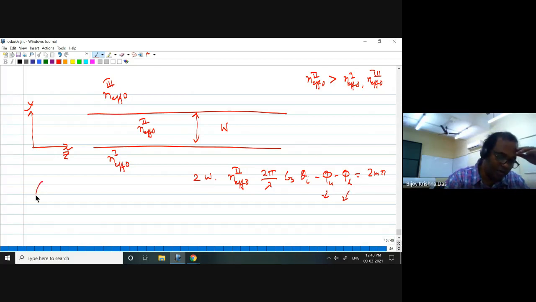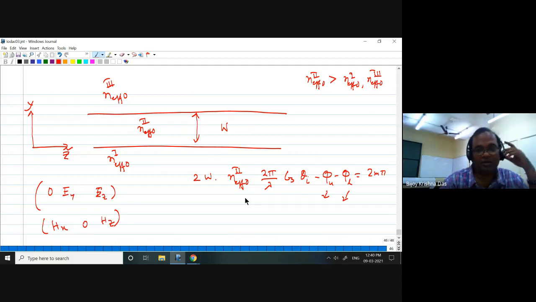Because you know, the electric field will be EY, EZ, and the magnetic field will be HX, 0, HZ. So in this case, when I have reduced that 2D waveguide into this 1D waveguide, which solution will I use for phi u and phi L?